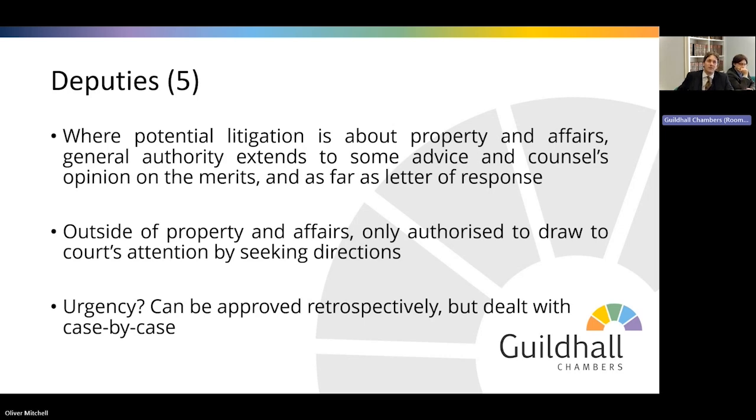And once you've taken that urgent litigation step, get to the court quickly and don't just go barrelling off with the rest of the litigation, explaining this is the urgent step that we've had to take. Can we have authorisation for it? And can we have some directions before any less urgent further steps are taken? That would appear to be the tenor of the point arising from that judgment.